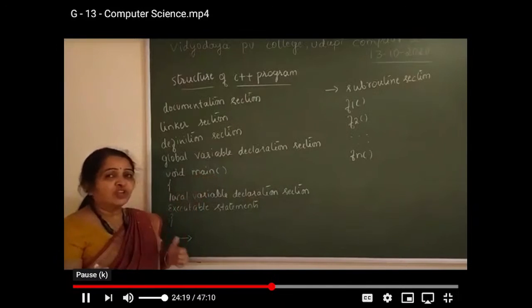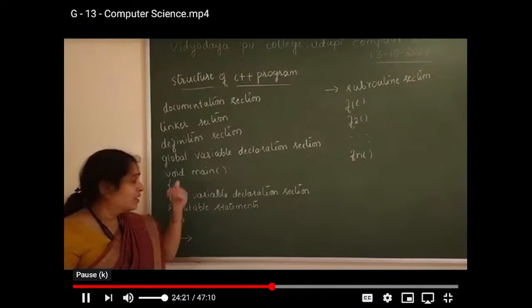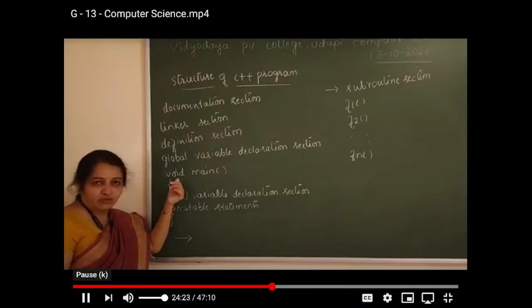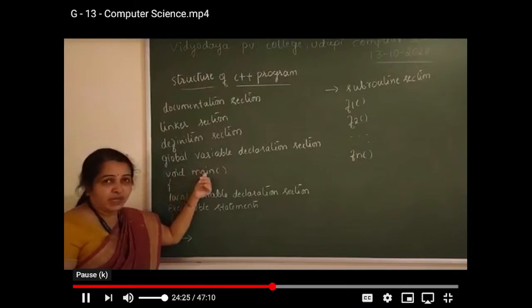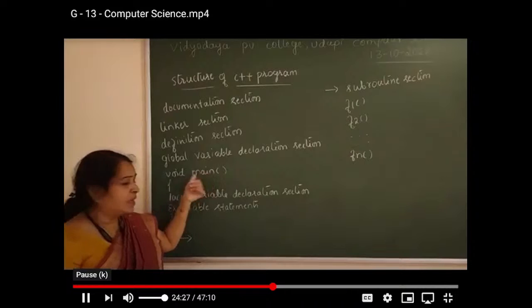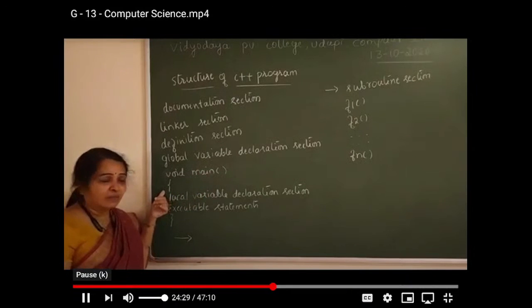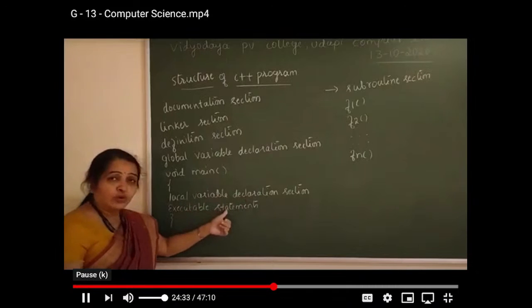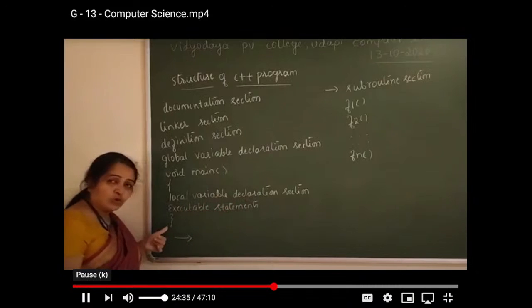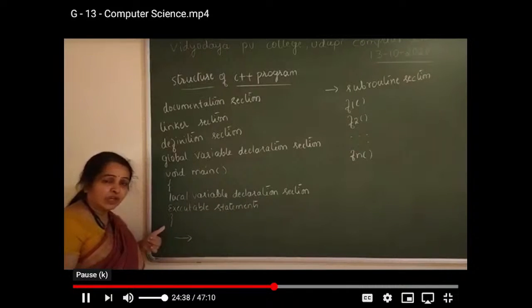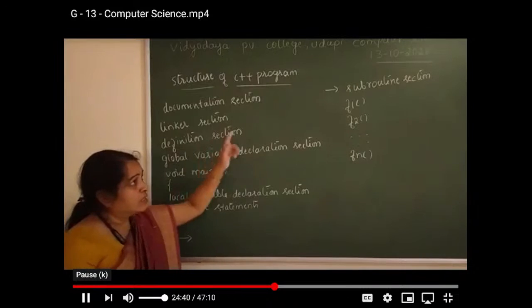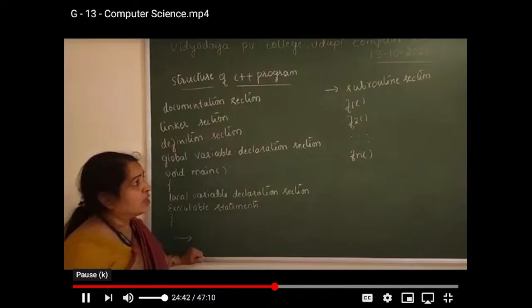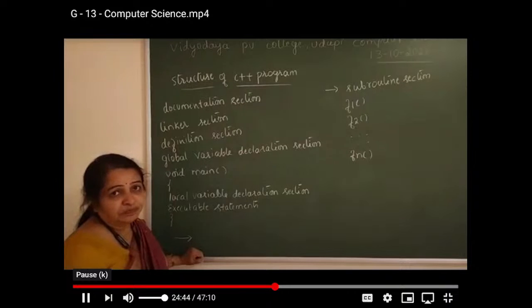When the function is not going to return anything back, void should be written. After the void main, open flower bracket, local variable declaration section, executable statements, close the flower bracket or the brace. Then subroutine section, F1, F2, etc.